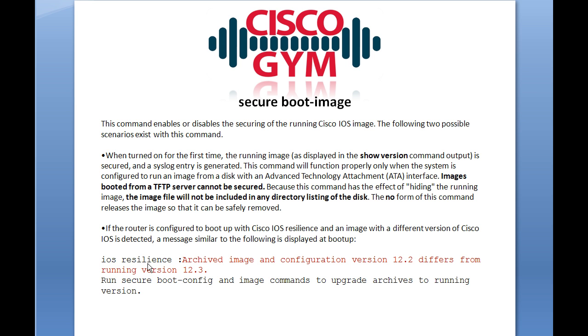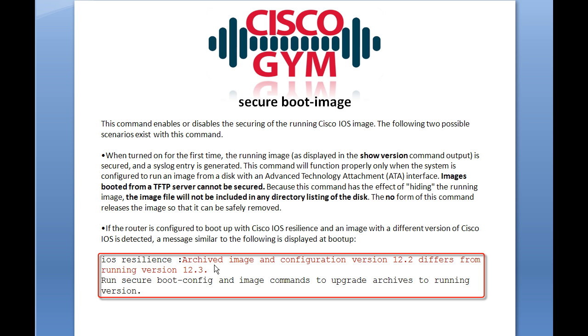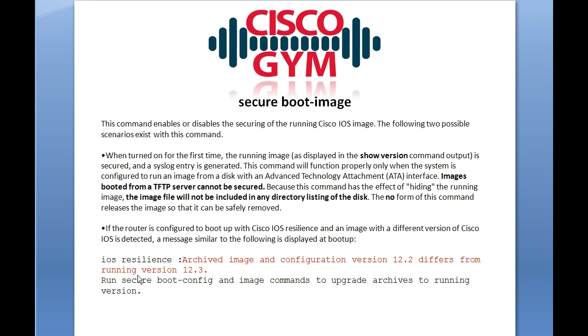The example that Cisco gives, it looks like you get the combo platter here. It says archived image and configuration version 12.2 differs from running version 12.3. So in that case, you've got both the config and the image differing by a code version, and that makes sense. So we'll take a look at this, and we'll actually see the mismatch and also show you how to upgrade the secured image.